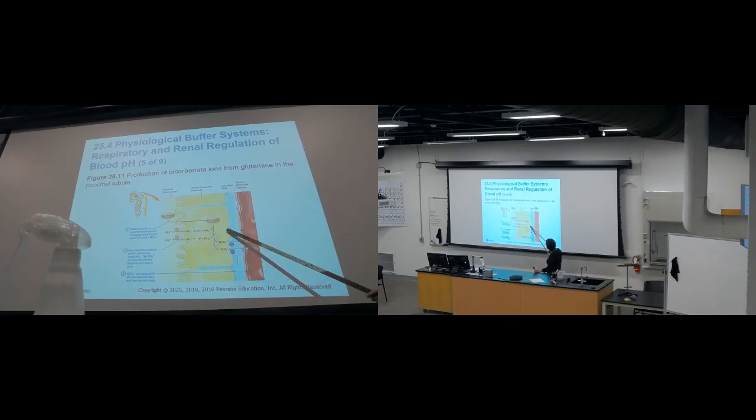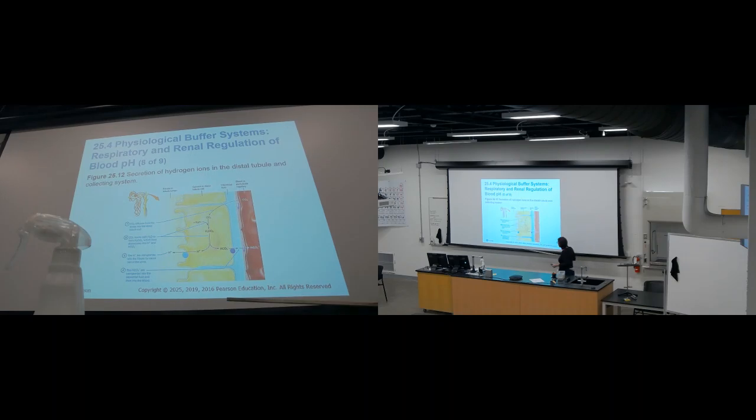And then here at the basal side, this glutamine that has been dissociated into ammonium and bicarbonate, the bicarbonate will be going in the basal side of the proximal convoluted tubule cells into the interstitial fluid and then enter into the bloodstream, helping to buffer the excess of hydrogen ions in your bloodstream. And at the same time, you eliminate hydrogen ions in here.